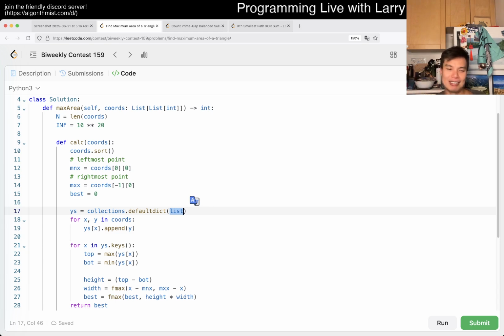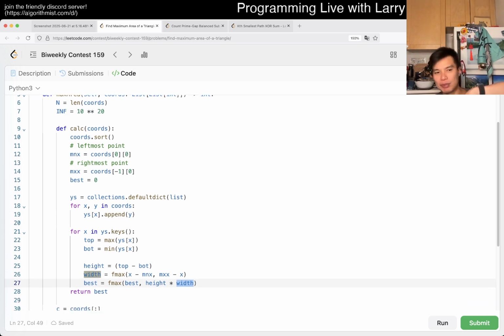But I did it later, so as you can see, for each key, I take the top as the max, bottom is the min, so this is the height. And then the width is just, you go all the way to the left, or you go all the way to the right. And that's it. Then the best is we update best to the height times width, divided by 2 to get the triangle, but then you times it by 2 for the problem, right?